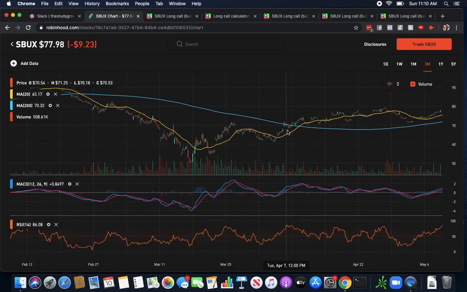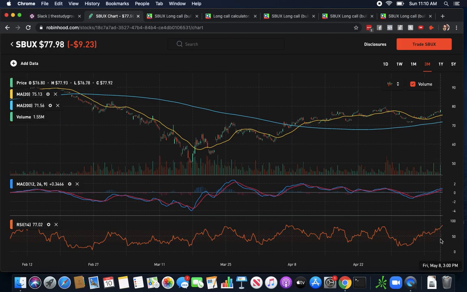So right now, it's trading above its 200-day moving average. And then the RSI down here is showing the range. The RSI is from 0 to 100. Right now, it's in the 70s.